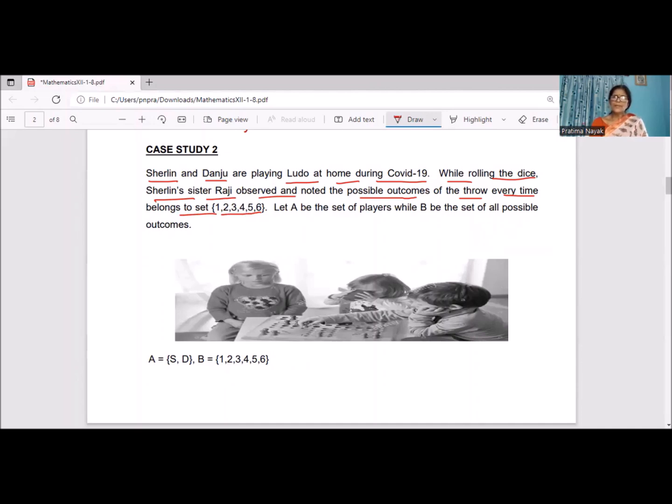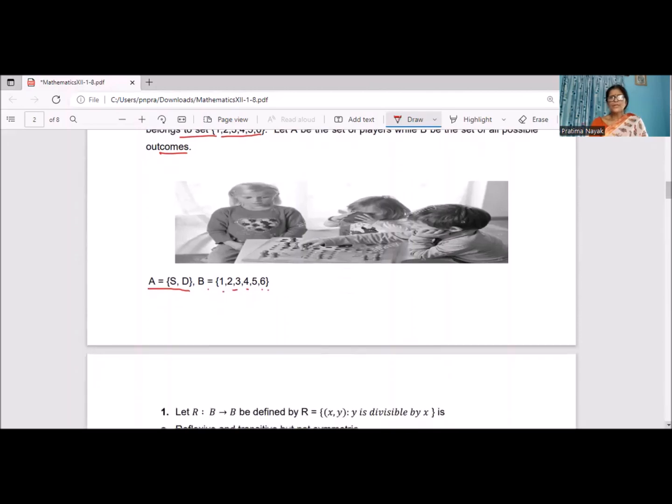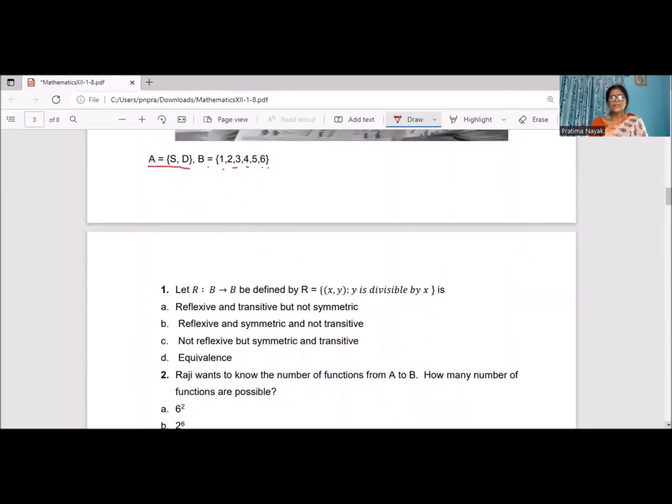Let A be the set of players, so A contains Sharlene and Danju, so A is {S, D}. B is the set of all possible outcomes, so B is {1, 2, 3, 4, 5, 6}.